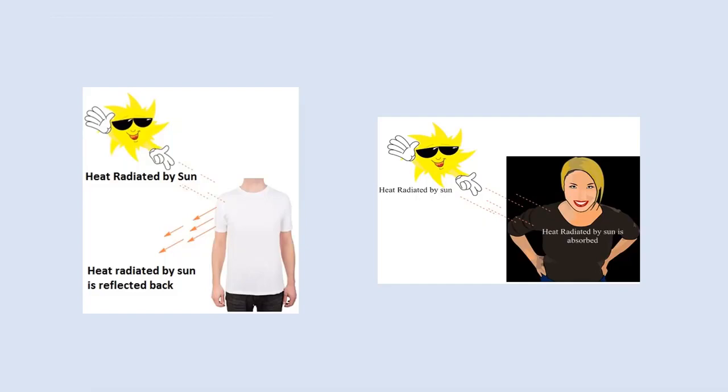White colored clothes are good reflectors of heat, so we usually wear them in summer, and black colored clothes are good absorbers of heat, so we wear them during the winter time. And so we conclude that black colored objects absorb more heat than any other colored object.